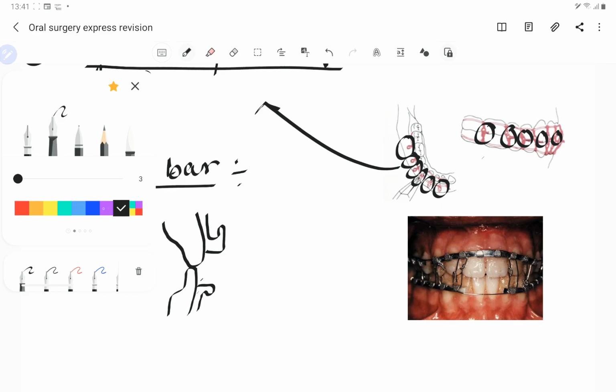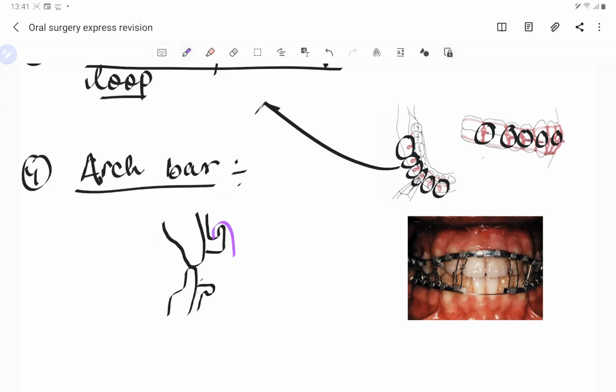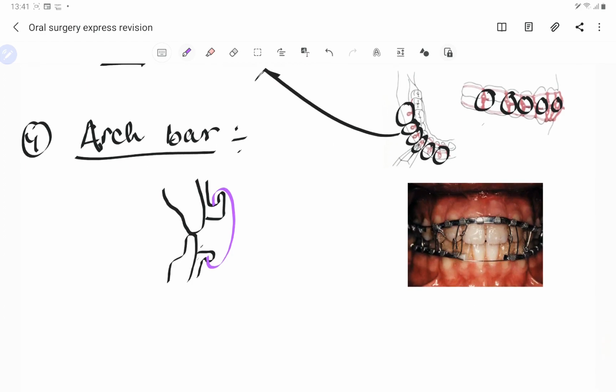So what you do, you take a wire or the elastic and then you close them together using these bars. As you can see in the diagram, these are the arch bars, and the wire is passed through these bars and then they are fixed together.